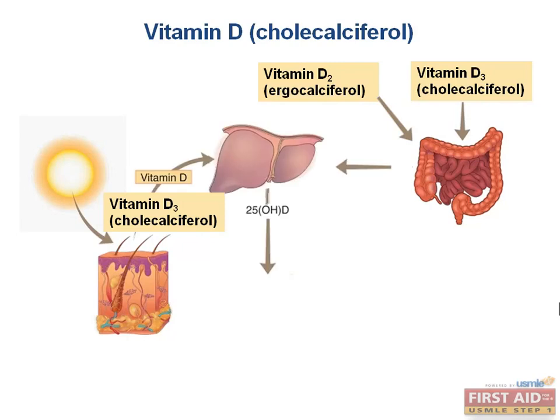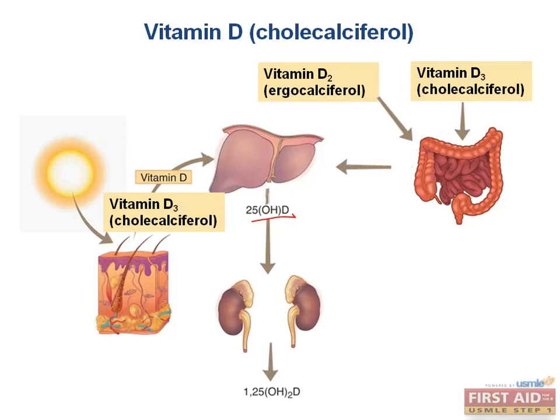So what happens to these forms of vitamin D? Well, they are taken to the liver where they become hydroxylated at the 25th carbon position. That's why we refer to these molecules as 25-OH vitamin D. Then what happens? Well, the 25-OH vitamin D becomes hydroxylated again. And do you remember where this takes place? Right, the kidney.